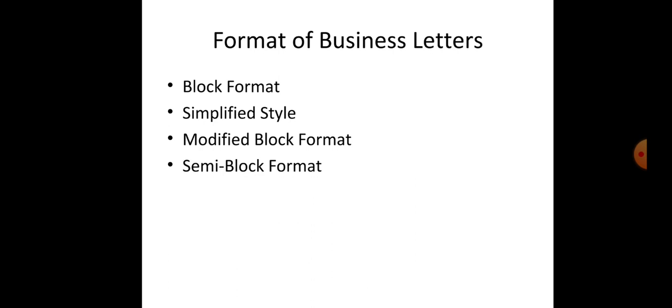The first one is block format, second one is simplified style format, third one is modified block format, and the last one is semi block format. So these are the four major and different types of formats that we use in business letters. Whenever we want to write a business letter, these four formats are usually followed in organizations in practice, and they also go for other formats, but those formats are not mentioned here.